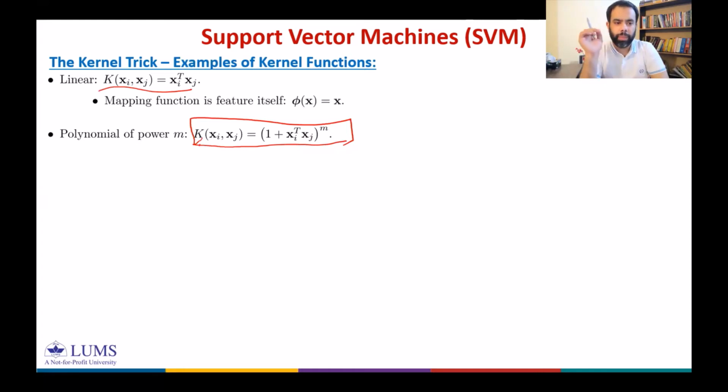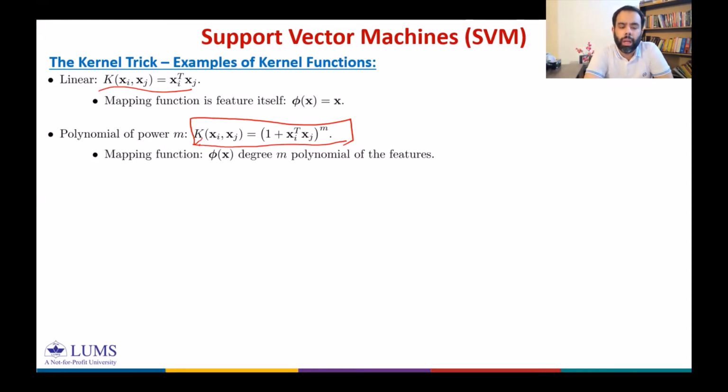So for this kernel, the mapping function is a degree m polynomial of features. In the previous slide, I showed you the quadratic case. So we had x1, x2, and we have included x1 square, x2 square, x1 times x2, and 1.